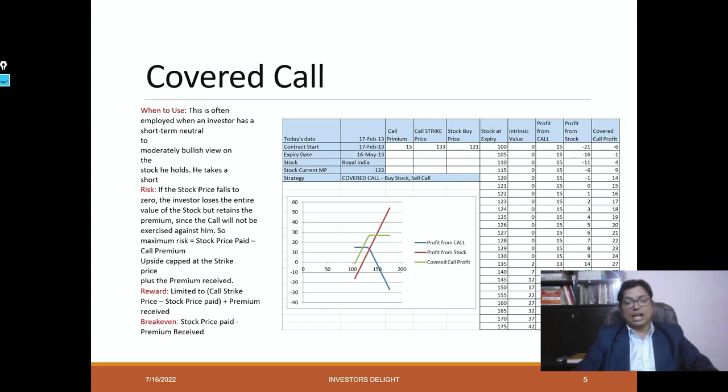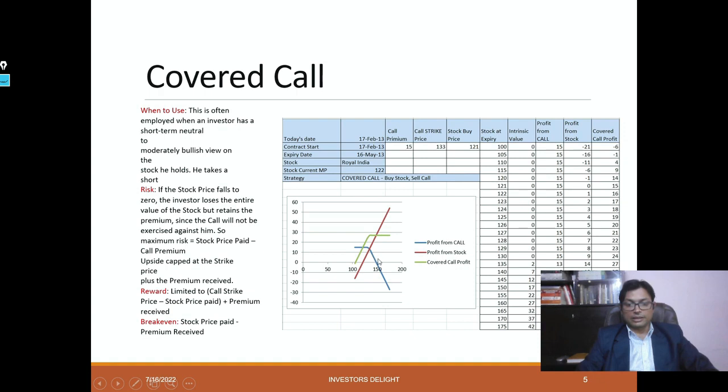So you can see the graph here, and from the graph you can see the profit from the covered call is in green. It looks very much like a shield: after a limit you have a call. Then you have a profit from the stock, and you have a profit from the call.